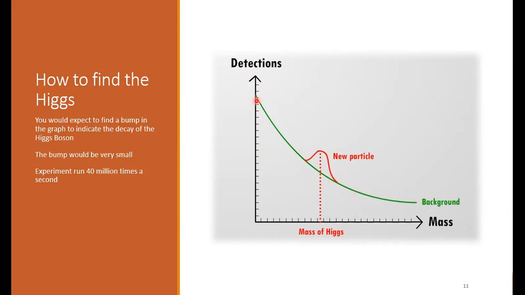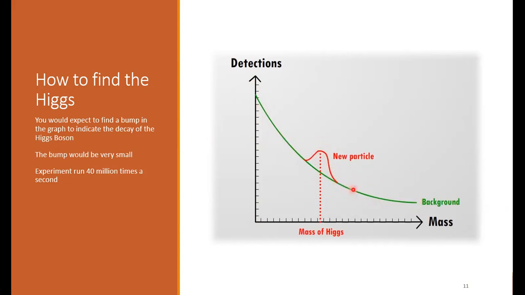Now, if there was such a thing as the Higgs, that Higgs would decay into certain decay particles. Those decay particles would increase the number of the particles you would see at that given mass. That additional number of particles would show up as a bump on our graph. So this is what scientists were looking for.